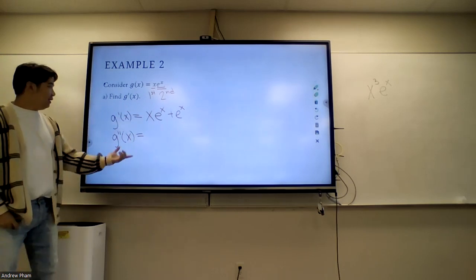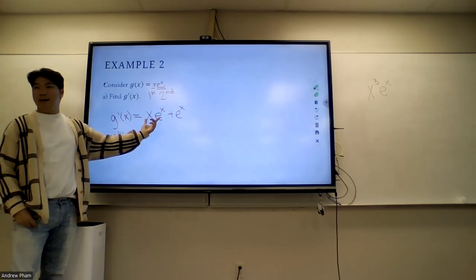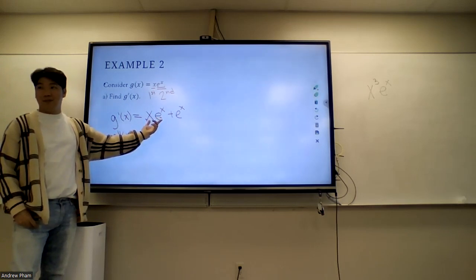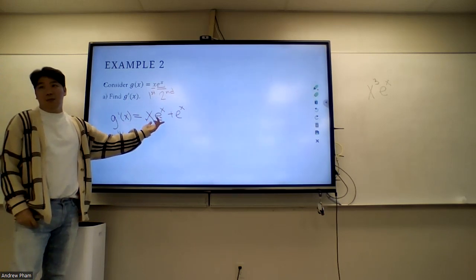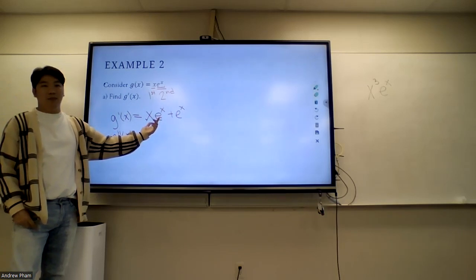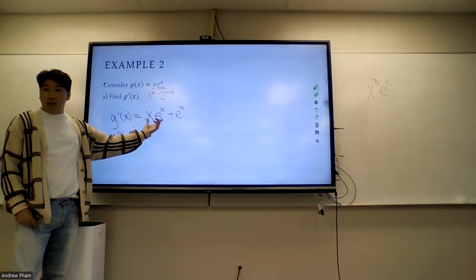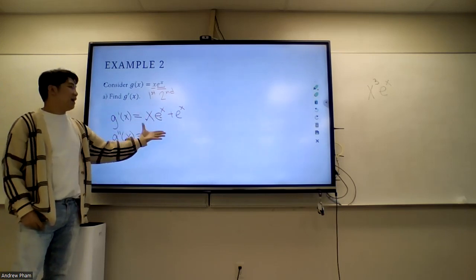So going down the line, I need the derivative of this one. How can I possibly speed up my process? I could do product rule again. But do I really need to do product rule again? No, because I already got this derivative, right? I already know the derivative of x e to the x. This is the whole thing.